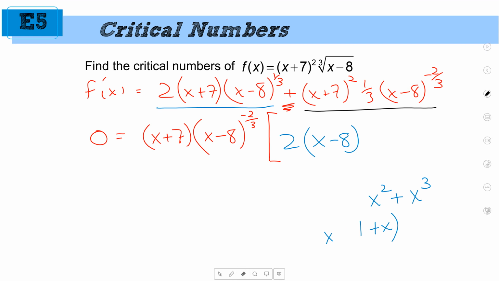Now, knowing that, I have x minus 8 to the 1/3 power, and I'm factoring out to the negative 2/3, so I have 1/3 minus negative 2/3, which is a nice pretty answer of 1. Then the black term, what do I leave behind there? I left behind a 1/3 and an x plus 7.